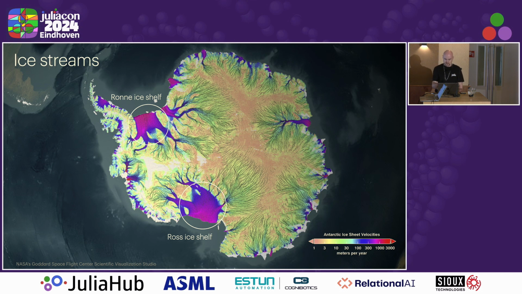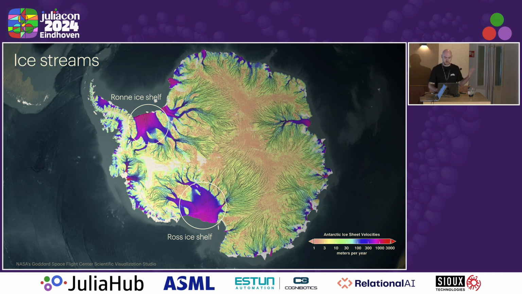You can see there's a logarithmic scale, and deep in the land and the ice sheets, the velocities are as low as several meters per year, and in these ice streams, they reach velocities of up to 3 kilometers per year.